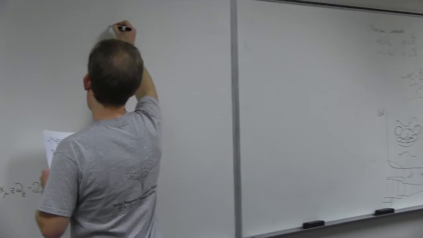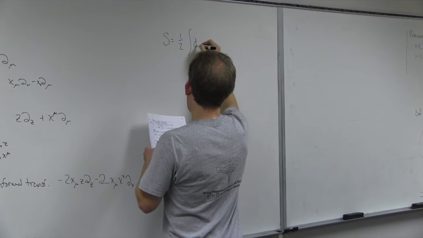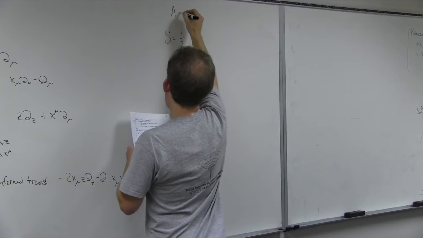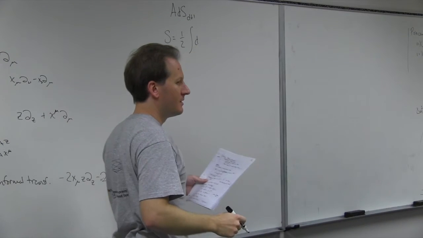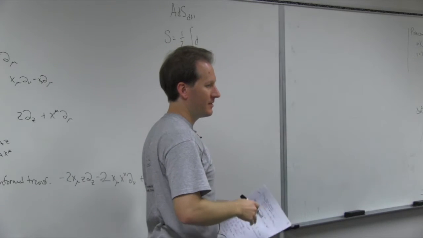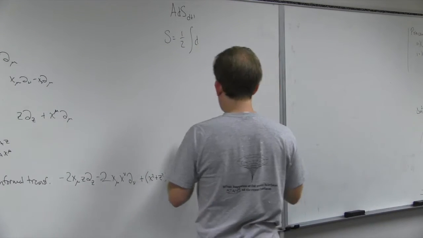So take an action, something like this, and in general I'll be talking about AdS d plus 1, because that's natural if we're going to be dual to a d-dimensional CFT.